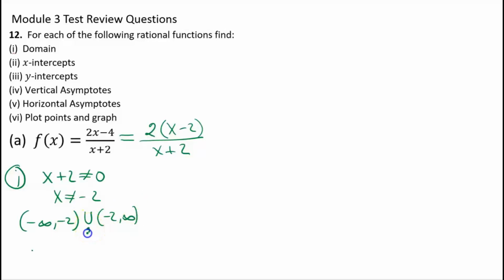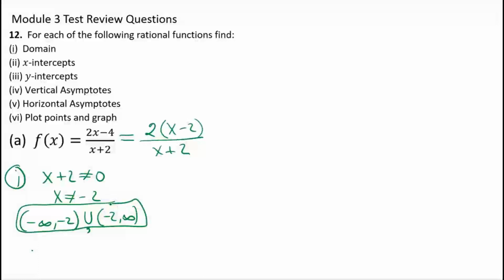Again, your homework might require a comma there instead of union. You don't need both. I really have grown quite accustomed to the union, but homework may or may not have that union symbol available for you, so a comma may work. All right, so that's the domain right here.